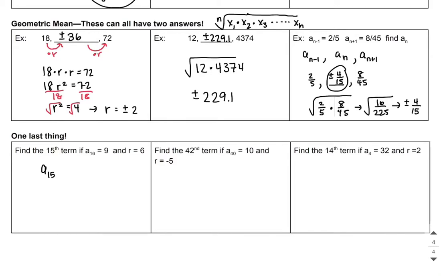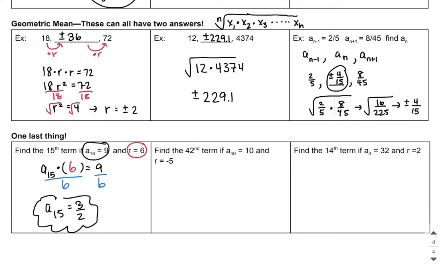I have a sub 15 times 6, that's my common ratio, is going to be equal to a sub 16, or 9. To find what a sub 15 is, I'm going to divide both sides by 6, and that's going to tell me a sub 15 is equal to 9 over 6, or I can simplify that to be 3 over 2. And that's my answer.